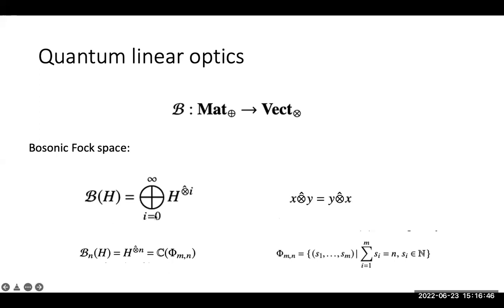So if we look at the nth component in this direct sum, putting i equals n, calling it Bn of H, it's just the symmetric tensor product of H n times.